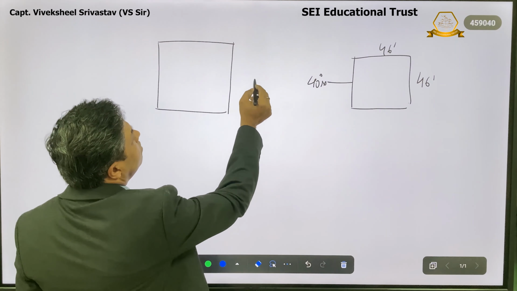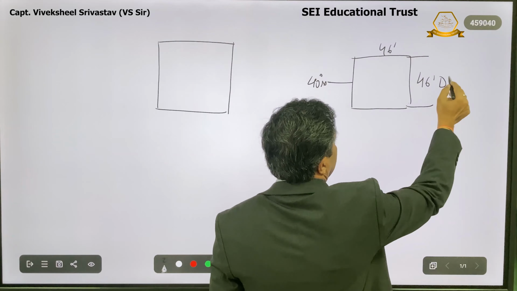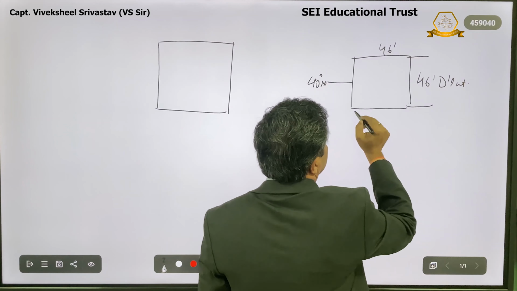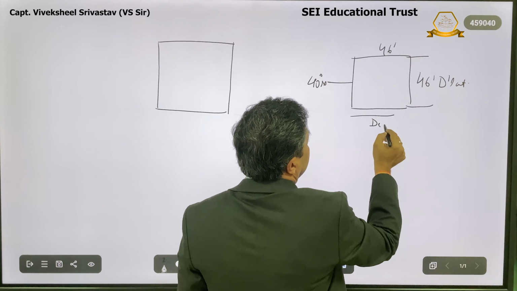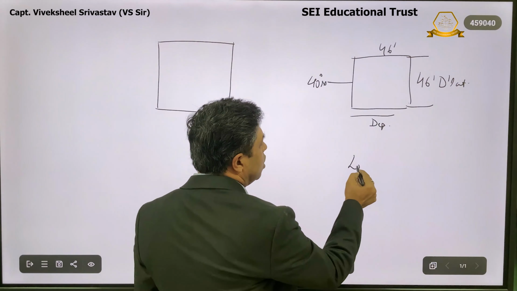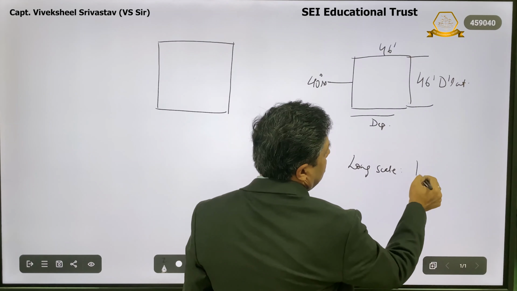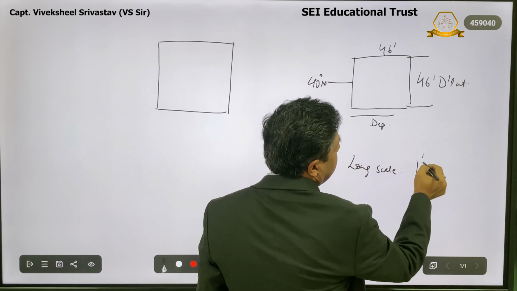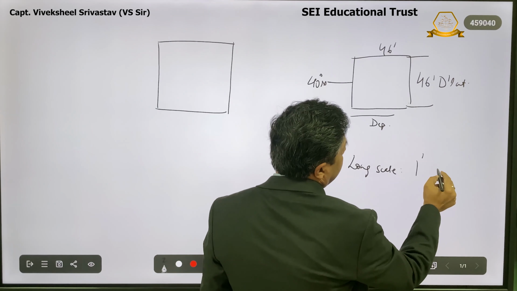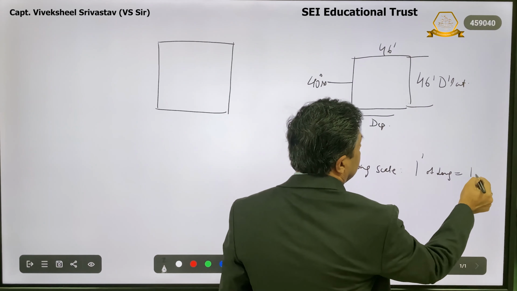If you remember, this was the d lat and this was the departure, and our longitude scale was 1 minute of longitude equal to 1 centimeter.